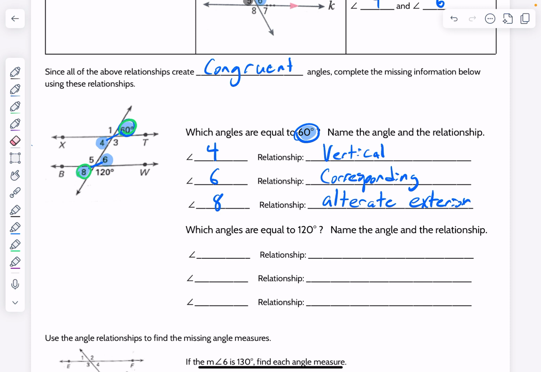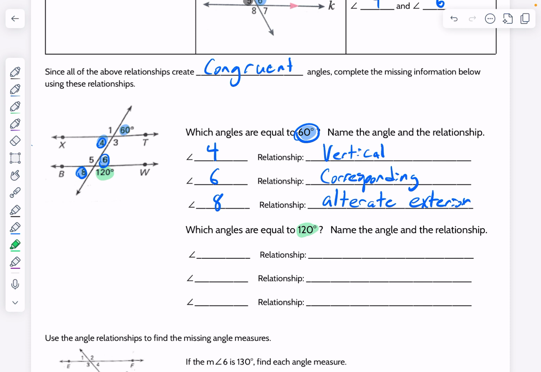Okay, next let's talk about which angles are equal to 120 degrees. Pardon me. So we'll go back. These were our 60-degree ones, okay? And then the 120 degrees we found here. I can highlight that. So we can do the same pattern.